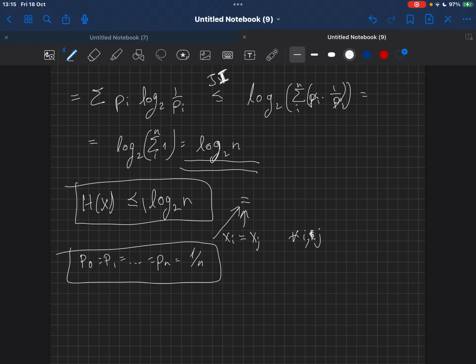And you can think about it like drawing a coin. If the coin is not biased, for each option there are two options, and for each option there is a probability of 1 over 2, half.